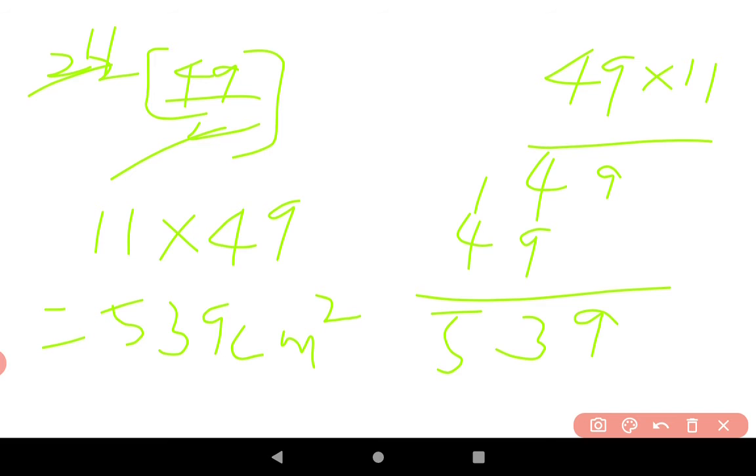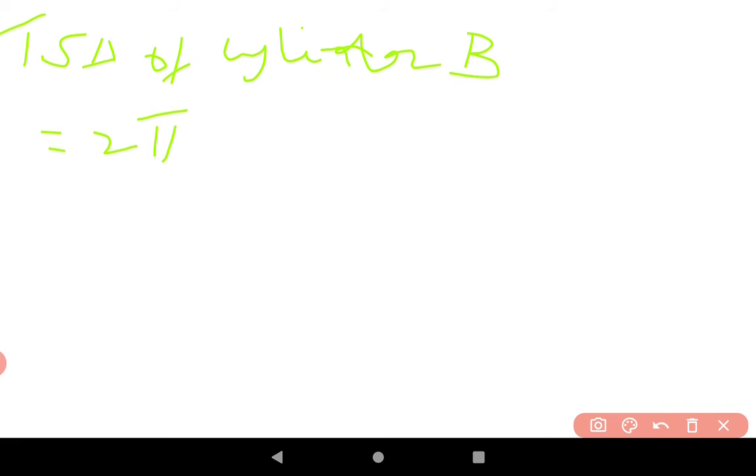Next, let us find TSA of cylinder B. So we have 2 pi r into h plus r.